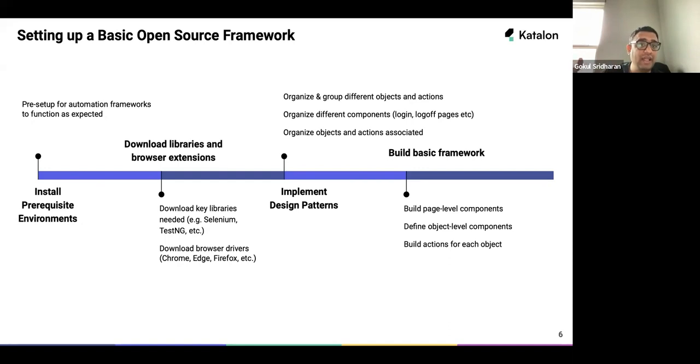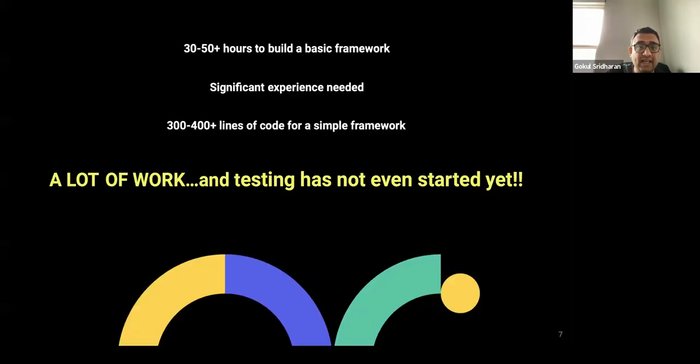To build a really good framework, you need good automation architects who are proficient in that aspect and spend a lot of time on it. That could be potentially 30 to 50 hours to build a basic framework. Just to write a simple framework, you need to write about 300 to 400 lines of code. So significant experience is needed.